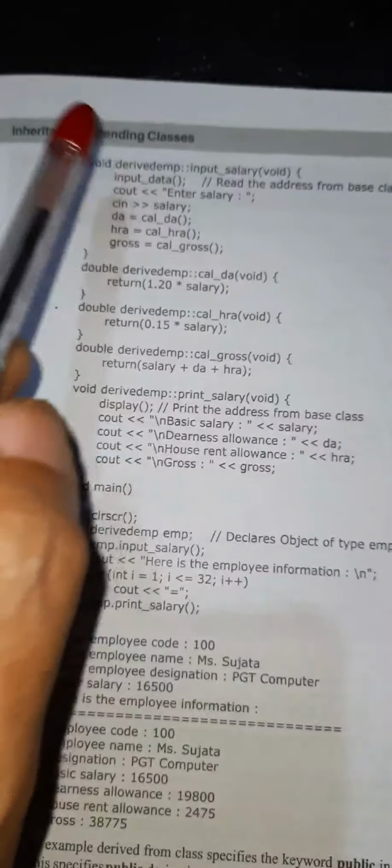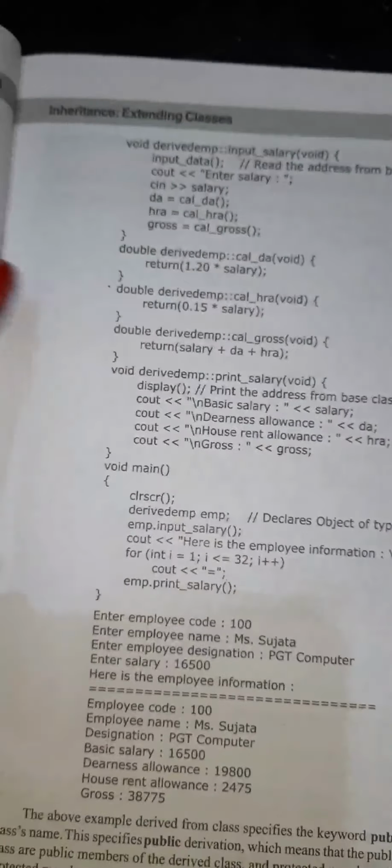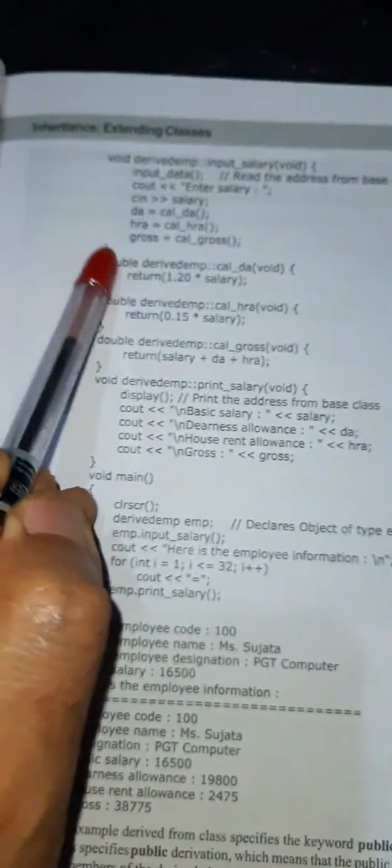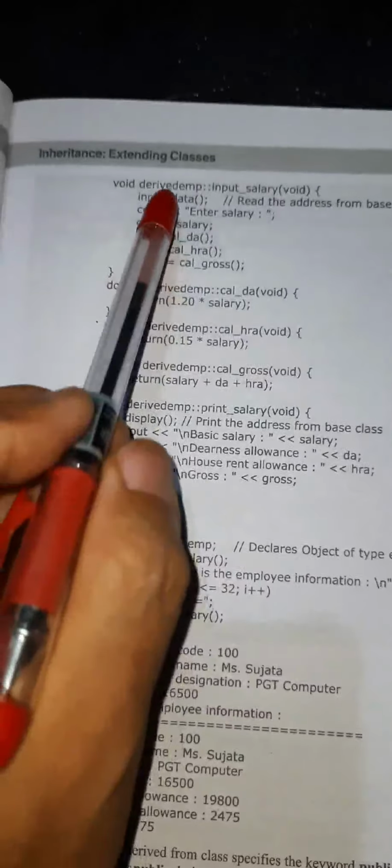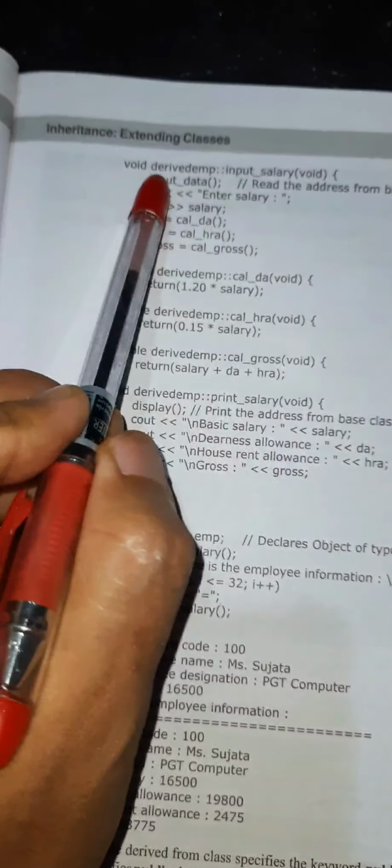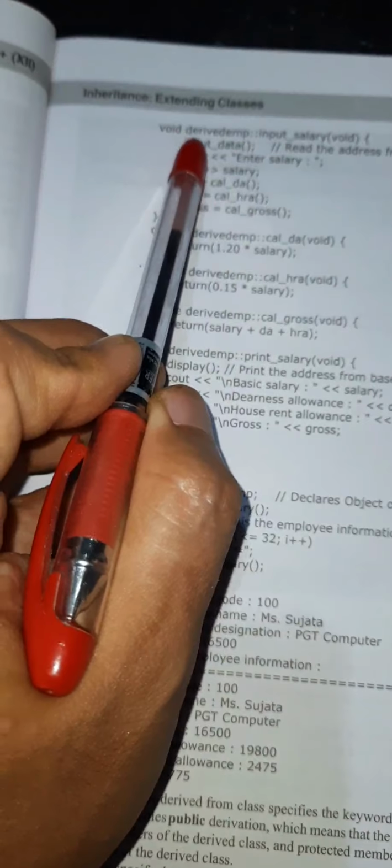So always remember that the members of the base class will be inherited or accessed inside the function body only. So this is calling, invoking this member function.